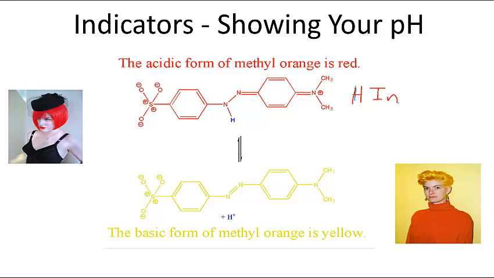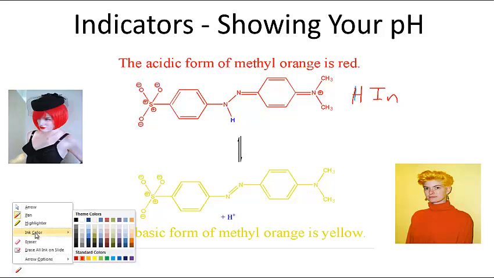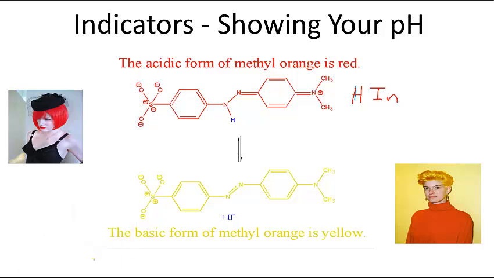And then we'll call the yellow one In minus. So it's like HA and A minus. It's red if it has the proton on. If it takes off its proton, it turns yellow.